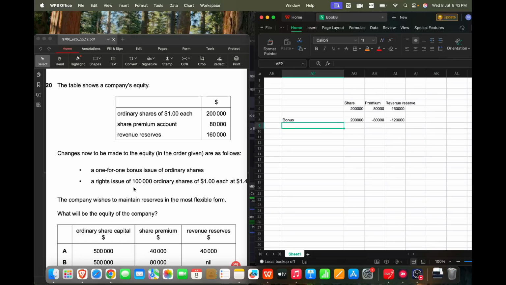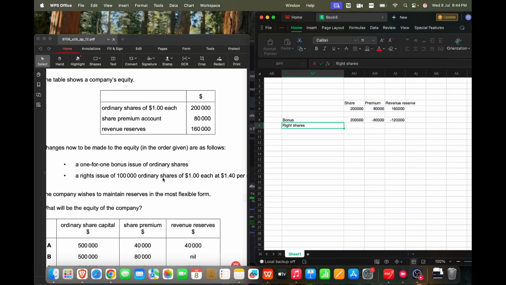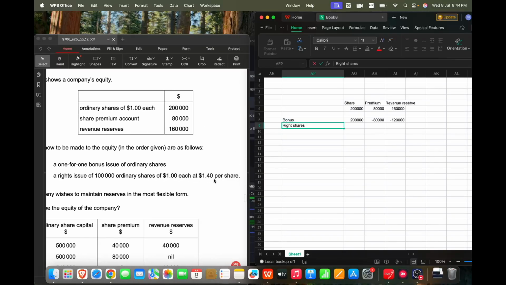And then we issue right shares. This question said that we are issuing 100,000 right shares of $1 each at 1.40. So the value of right share is 100,000. Now this would be bifurcated into the share amount and the premium amount.